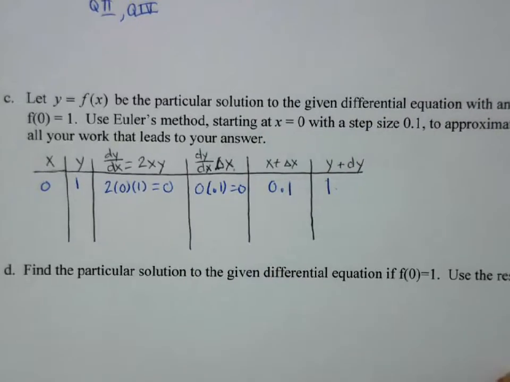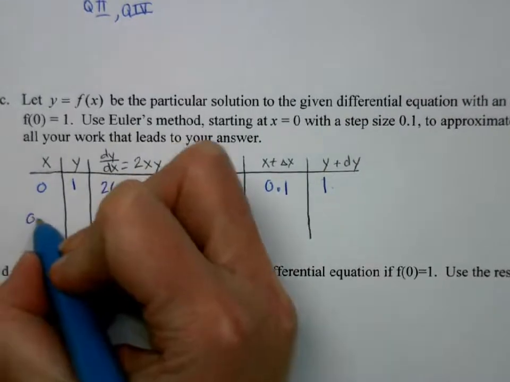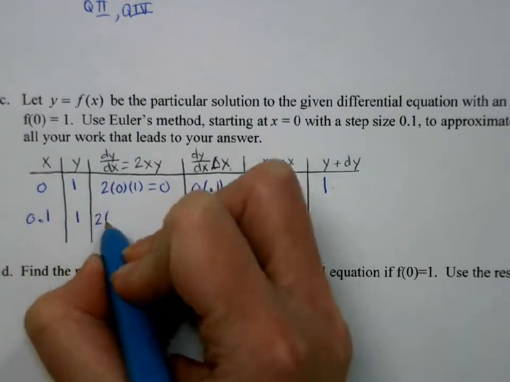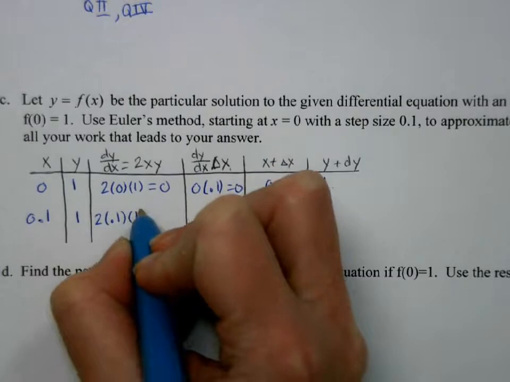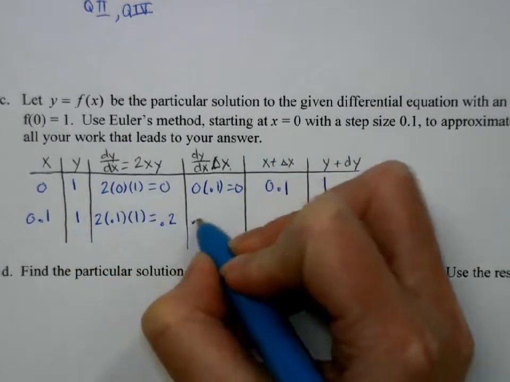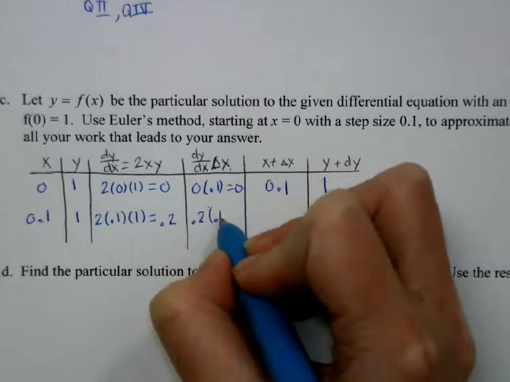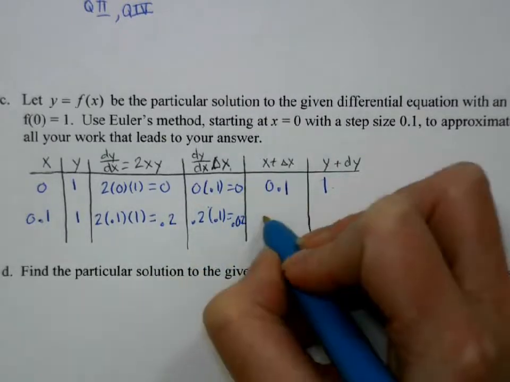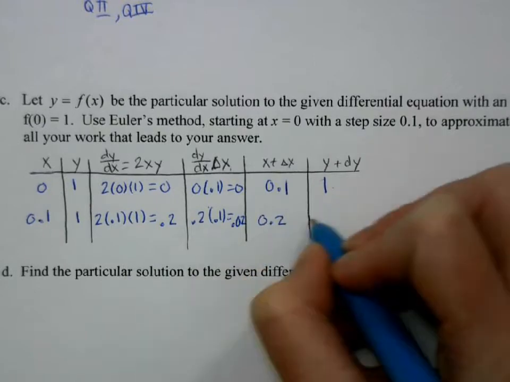So we're going to have 2 times 0.1 times 1. So this will be 0.2. 0.2 times 0.1 is 0.02. So at 0.2, my point is approximately 1.02.